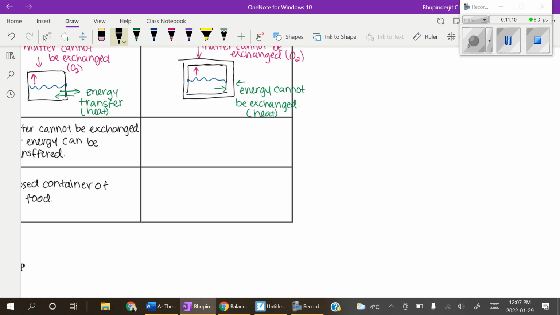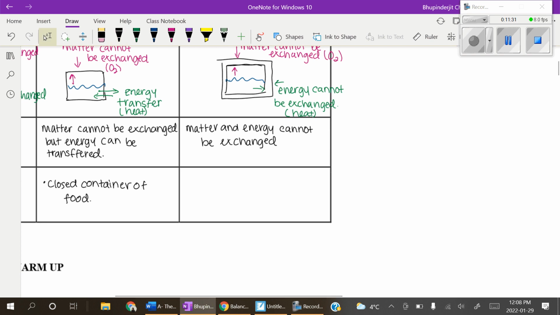So I'm going to say both matter and energy cannot be exchanged. All right, let's look at some examples here.